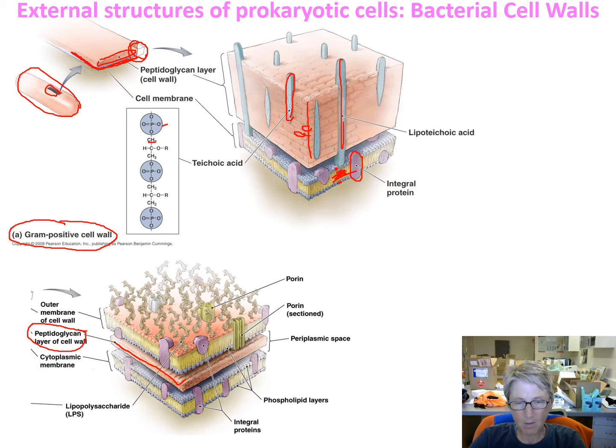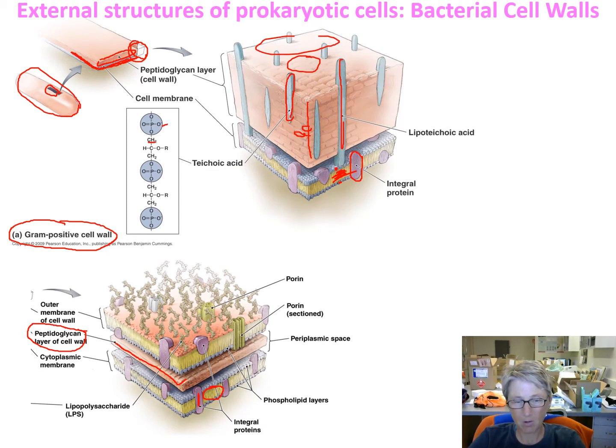And then here's the inner phospholipid bilayer, the cell membrane, just like in a gram-positive cell, with some integral membrane proteins, but superficial to the cell wall. If you look at gram-positive, look superficial to the cell wall up here, there's really nothing above it. You just have some teichoic acid, lipoteichoic acid sticking out, but there's nothing above the cell wall.